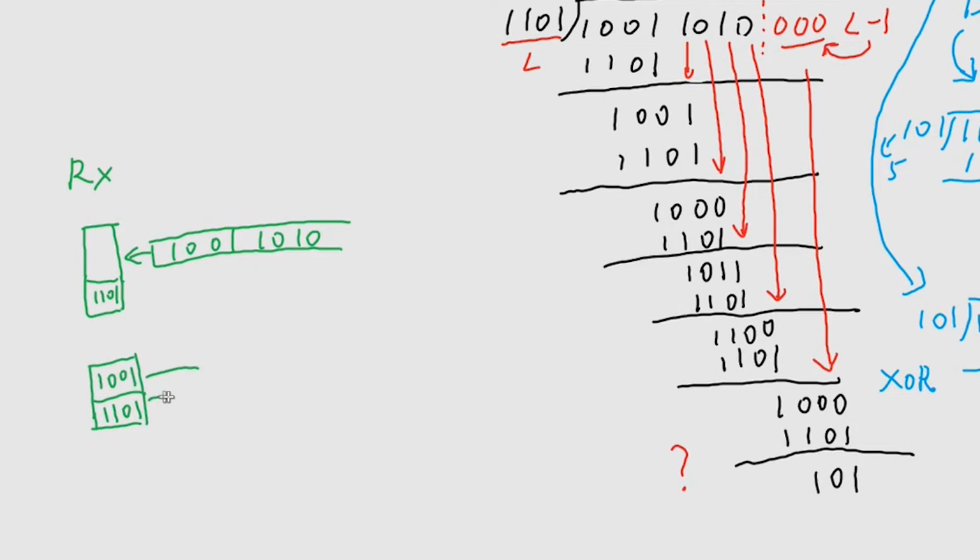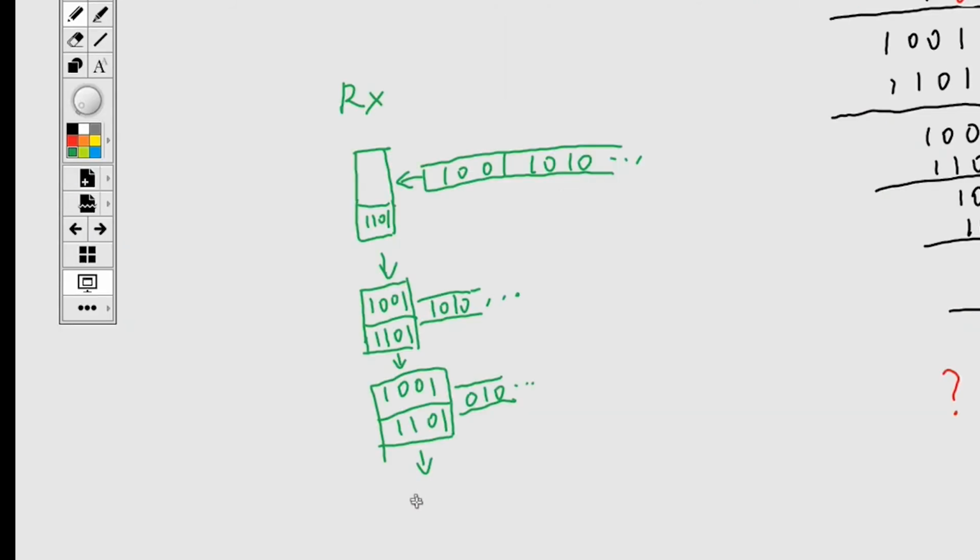and then, for example, here, it will generate a result which is 100. Then the next bit came in, and it will keep running the CRC division. Actually, it's the XOR operation. Then the result this time will be 100 again, right?